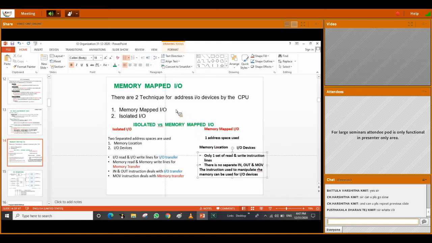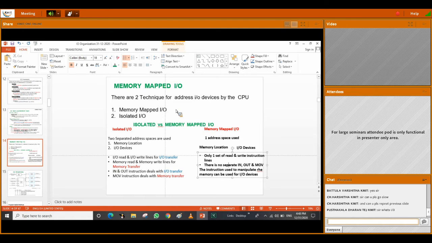Here in the interface, what does IO mean? IO is input output, the interface between the computer and peripheral devices. How is data transferred? There are two techniques: isolated IO and memory mapped IO.